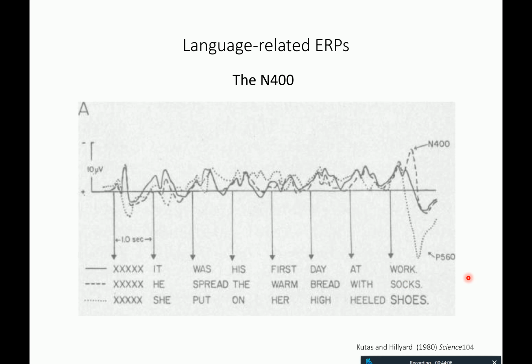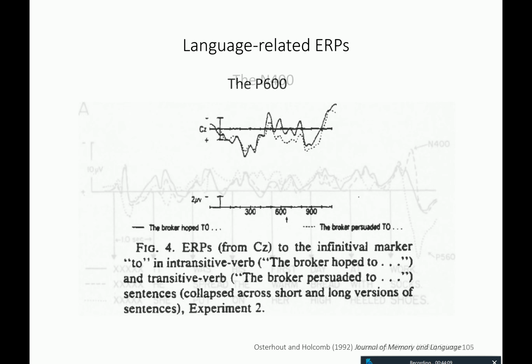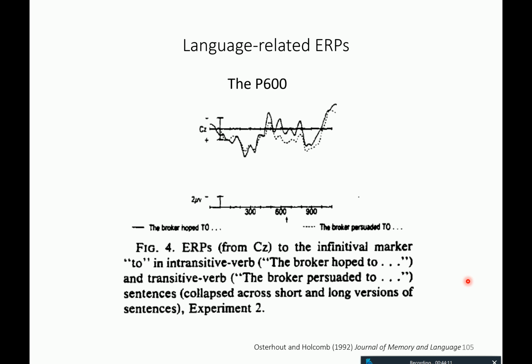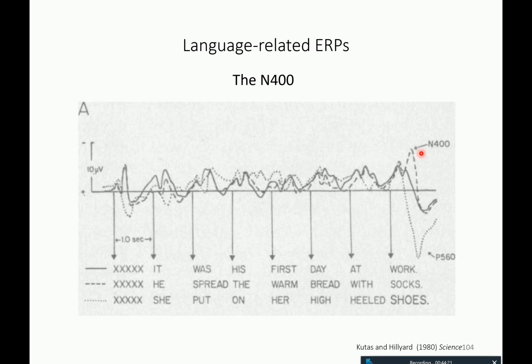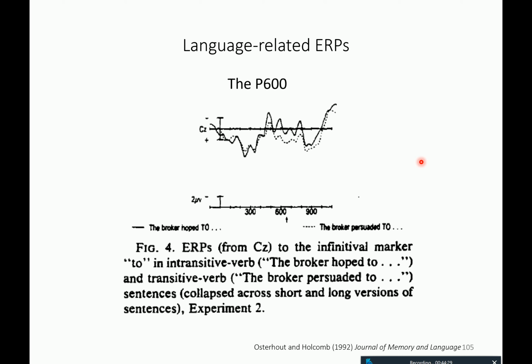This you can ignore. This is actually the thing that is observed for the... or when I looked around, I wanted to find something for this lecture that is kind of the original effect, that here is the N400, and what I found with respect to the P600 was this reference from 1992, which related to this: the broker hoped to, whereas the broker persuaded to, which is syntactically wrong.